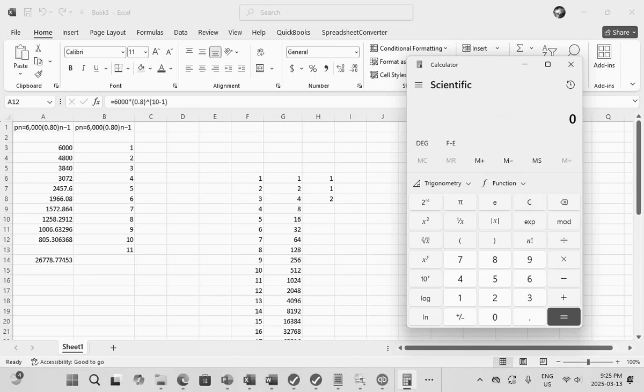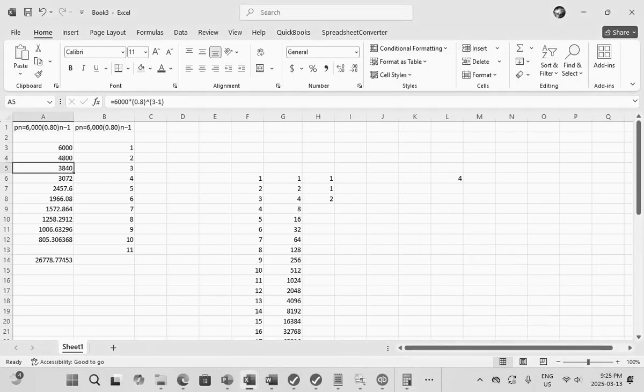Here's a calculation error. So we know that this is 6,000 into 0.80 raised to 2 minus 1, so this will be 4,800. You do the same for all the numbers below. So let's say you have 3, 4, 5, 6 further down, all the way up till 10.